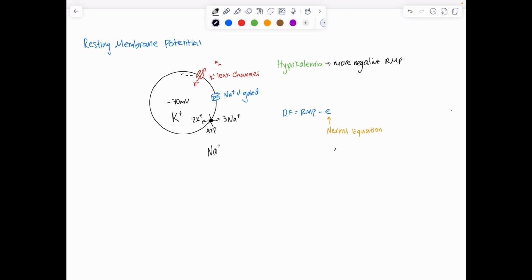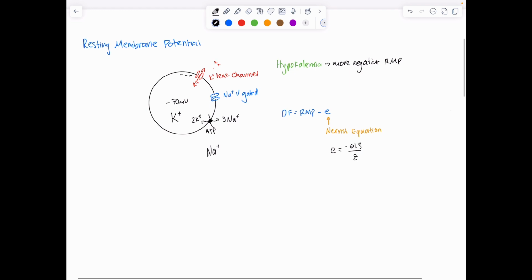And so to do that, it's this equation right here, where Z is the valence charge. Then you'll take the log of the concentration of the ion inside the cell over the concentration of the ion outside of the cell.